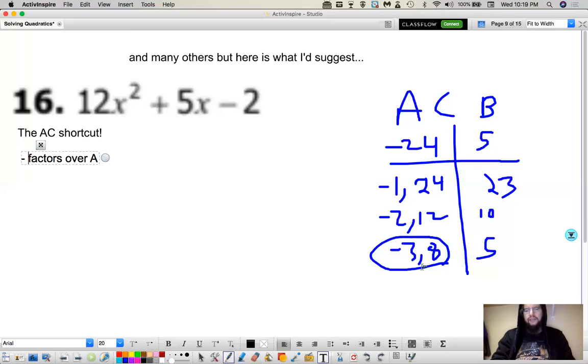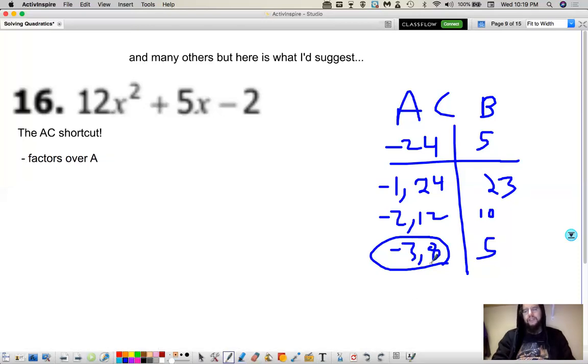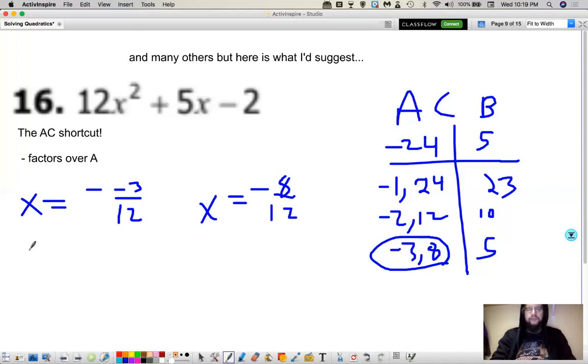But these two guys, your factors, change the sign, stick them over A. That's what X equals. So X equals negative 3 over A is 12. X equals, so it's your solution, not your factors, negative 8 over 12. Simplify those.